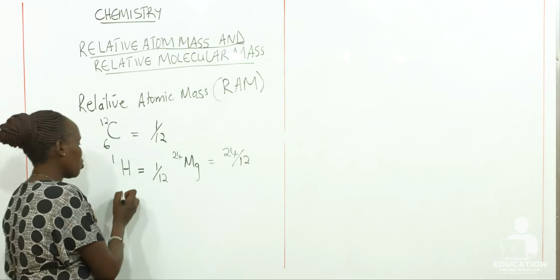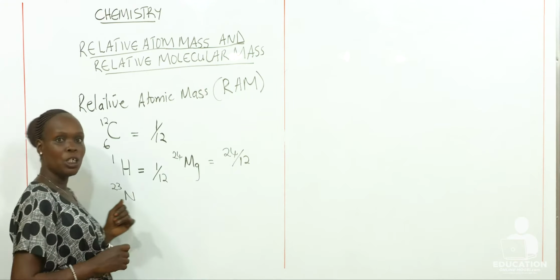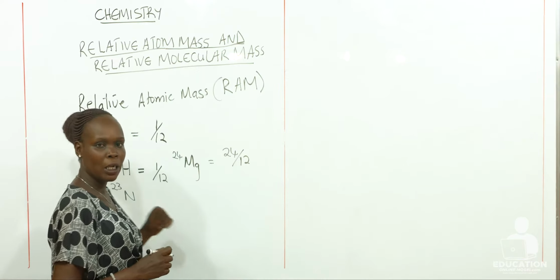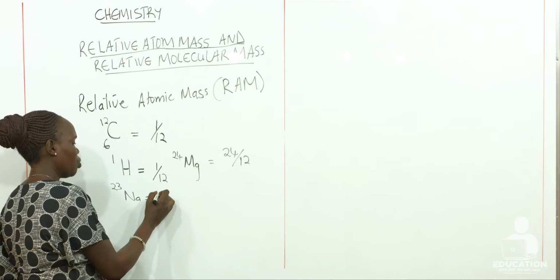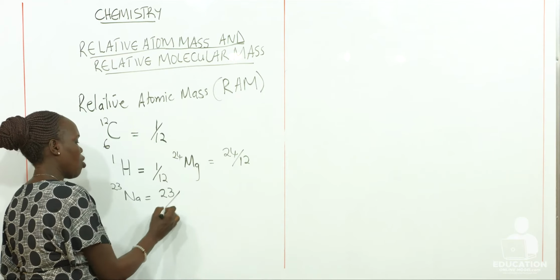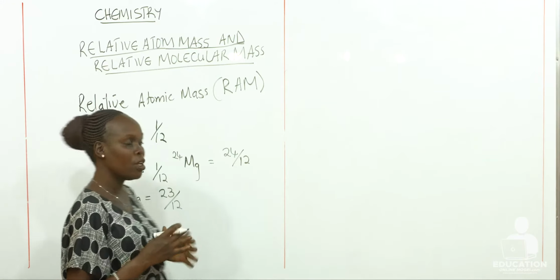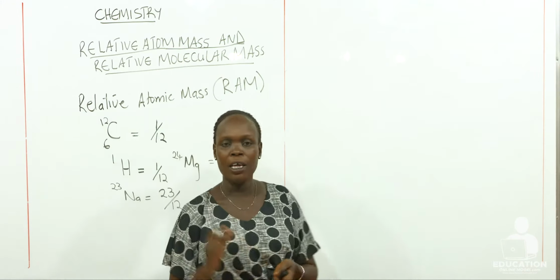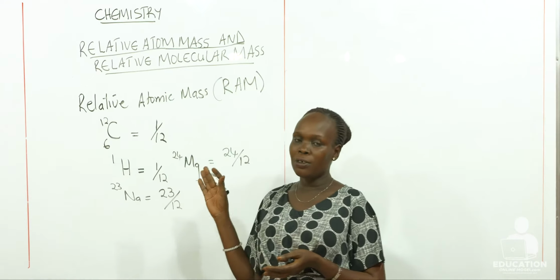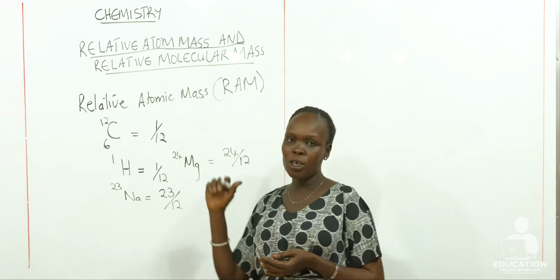If you take sodium with mass number 23, we shall say that it is 23 over 12. So we compare it to carbon 12. We say that magnesium and sodium are heavier than carbon 12, and hydrogen is lighter than carbon 12.